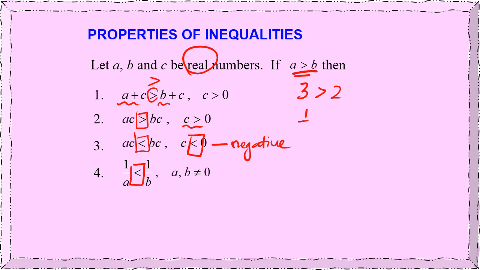But for 1 over 3 and 1 over 2, which one is bigger? If you have 1 pizza divided by 3 and 1 pizza divided by 2, which pizza will you get bigger? Of course 1 over 2, right? So 1 over 3 is less than 1 over 2. So it will be the opposite direction. This is for when A and B are not equal to 0.